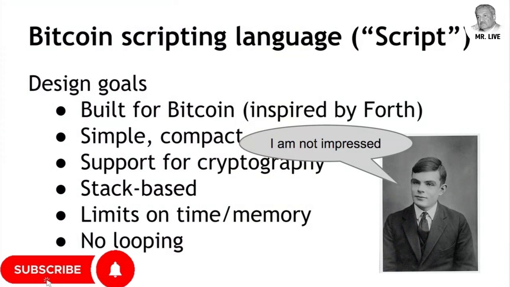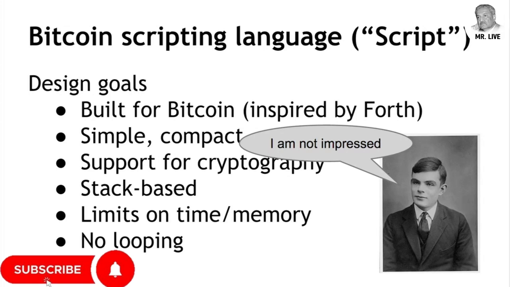It doesn't have the ability to compute arbitrarily powerful functions, and this is by design because the miners have to run these scripts, which are submitted by arbitrary participants in the network, so you don't want to give them the power to submit a script that might have an infinite loop or might run forever. And since it's not a Turing-complete language, we don't have the halting problem. You can look at any Bitcoin script and be sure that it's going to terminate within a finite number of steps, which is just the number of instructions that are in that script.